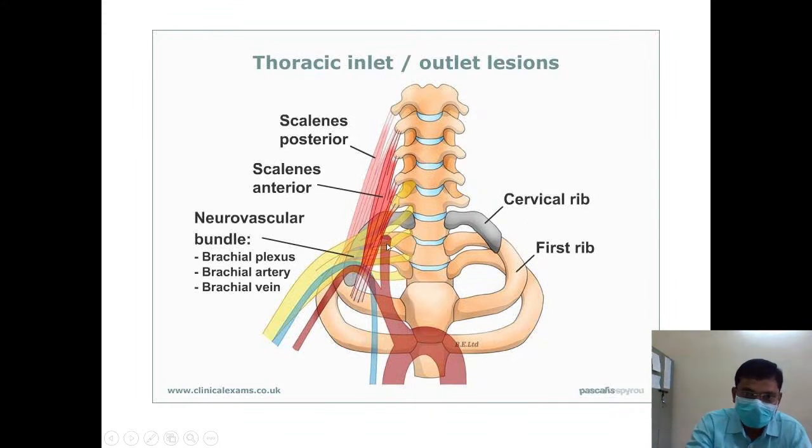It is not commonly seen, but some people have this small cervical rib. Once it is present in a person, while performing any activities it can compress the neurovascular bundle here, finally leading to a condition called cervical rib syndrome.